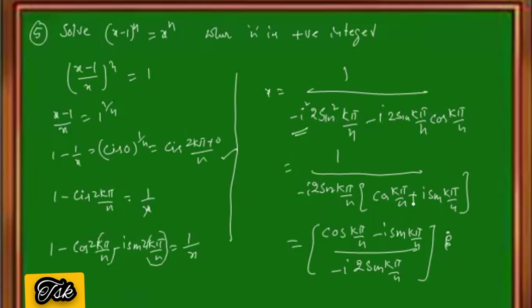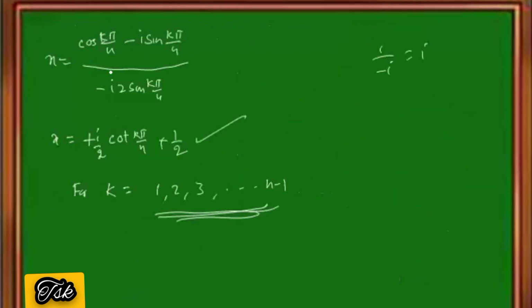1 by cos k pi by n plus i sin k pi by n is cos k pi by n minus i sin k pi by n by minus i 2 sin k pi by n. When you divide with this, you will get cot k pi by n into 1 by 2. 1 by minus i becomes plus i. Similarly, second term totally gets cancelled. We remain with 1 by 2.